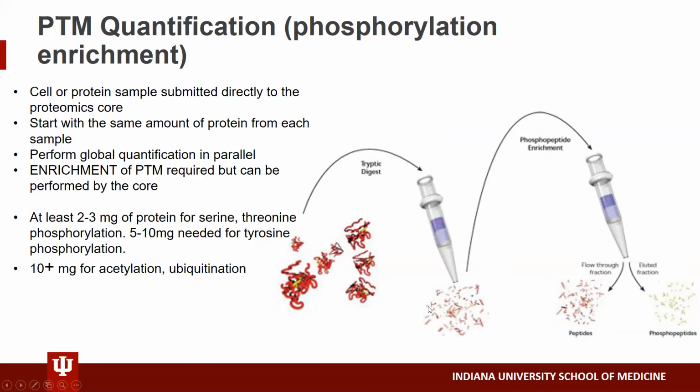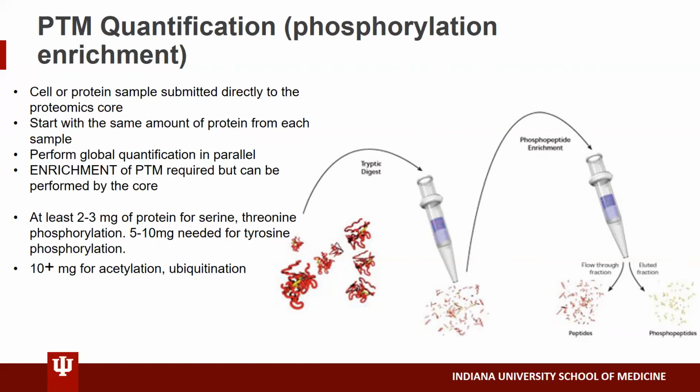You can see in this schematic, you have all of your tryptic peptides from cell lysate or tissue, and only 1%, 1 to 3%, or less than that in situations such as ubiquitination, have any of the modifications of interest. So this is why, while running a global sample, you might not see any of your post-translational modification of interest. The other peptides are just significantly more abundant.